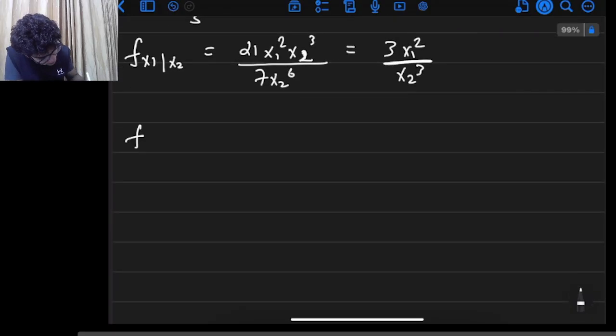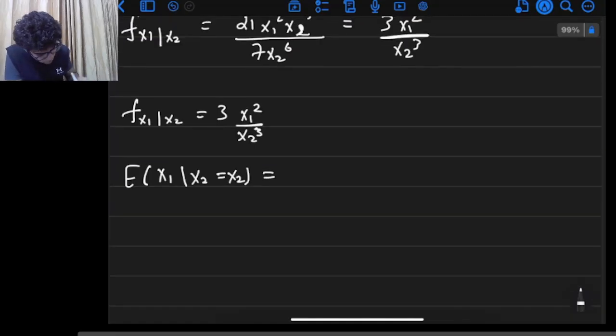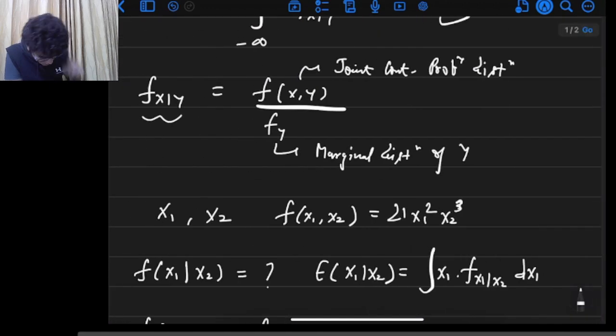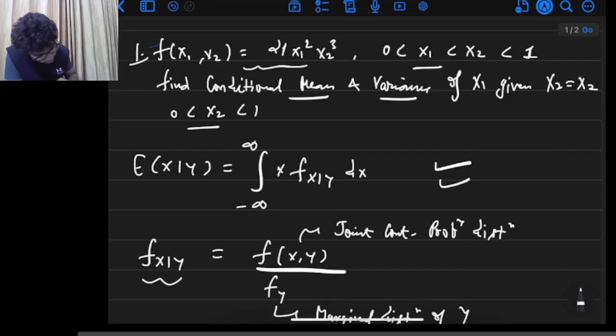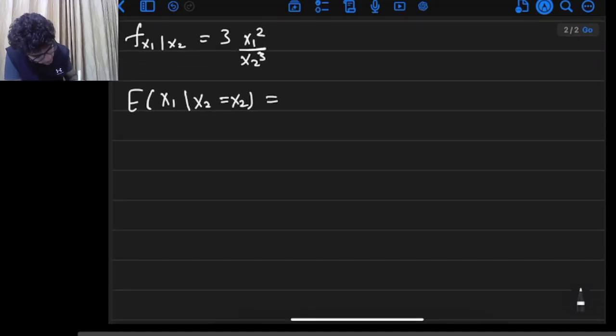So this is my f(x1 | x2). Now I need to compute my expected value of x1 conditional on x2, so x1 given x2 is equal to x2. So now I need to compute this.